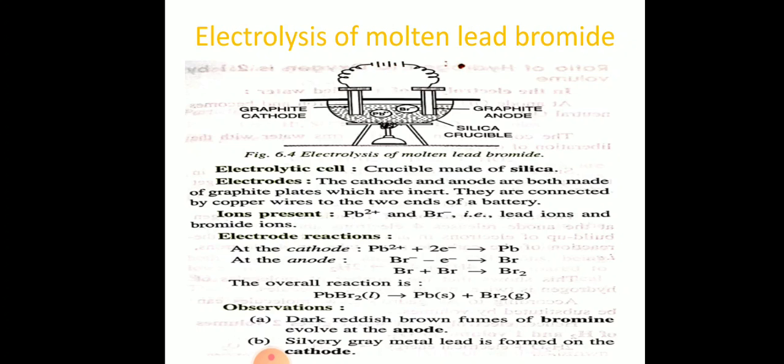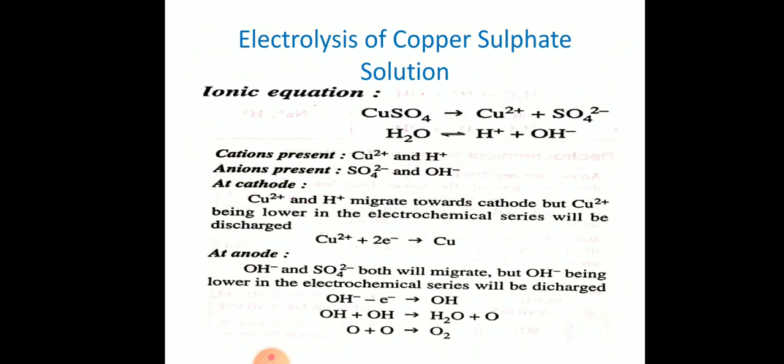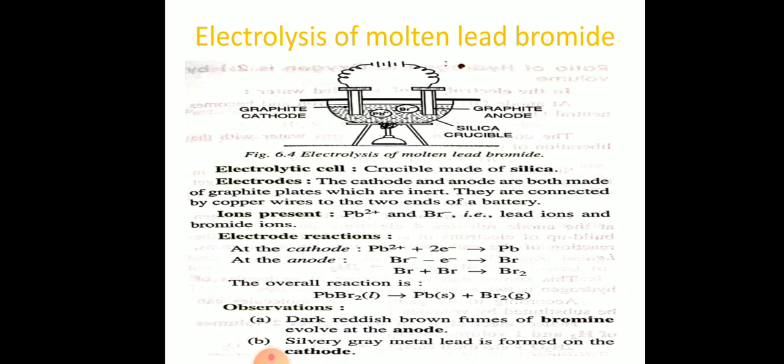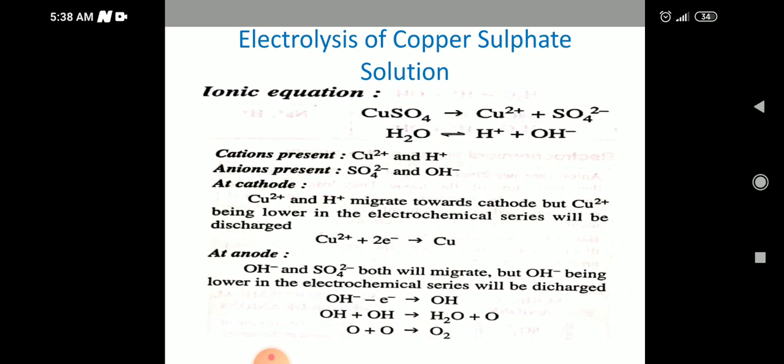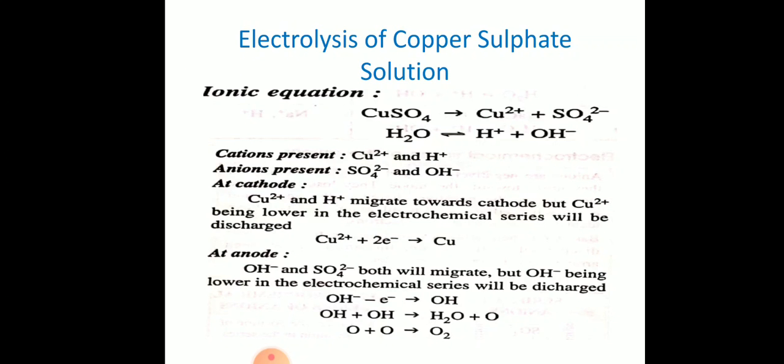We write the ionic reaction as copper sulfate giving you Cu2 plus and sulfate ion. So it will decompose in that way. Now water will give H plus and OH minus ions. So these are the ionic reactions when the process of electrolysis takes place.